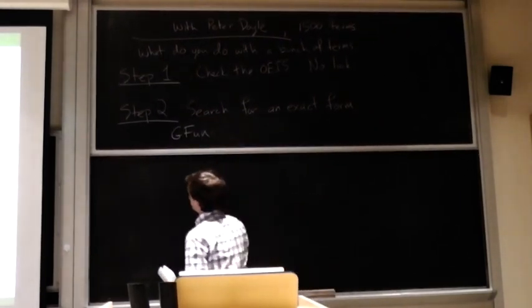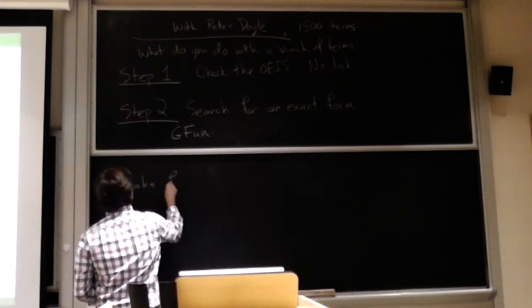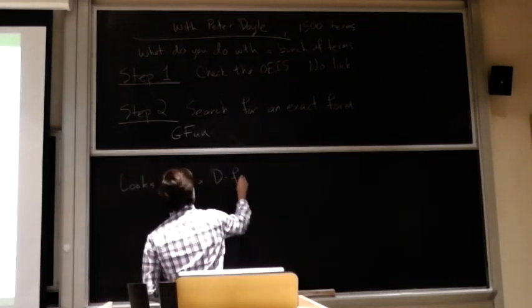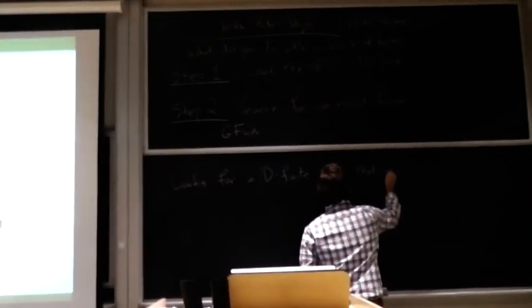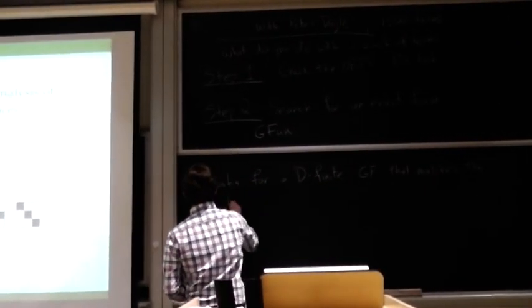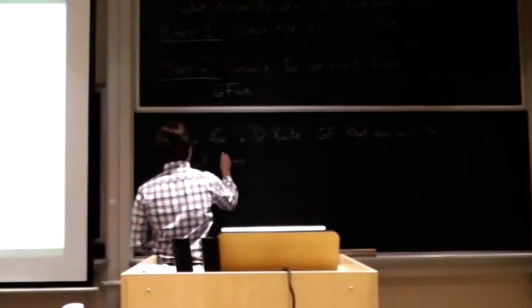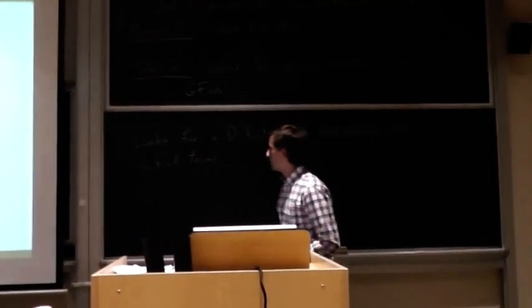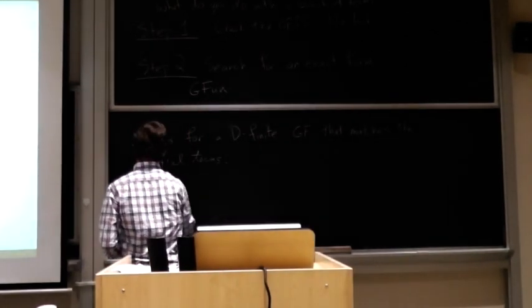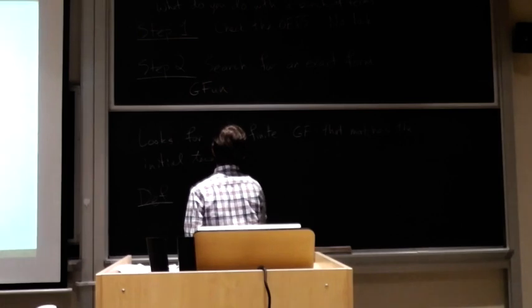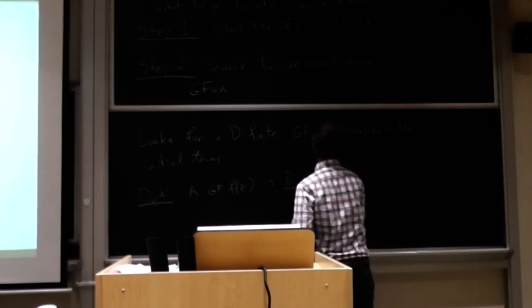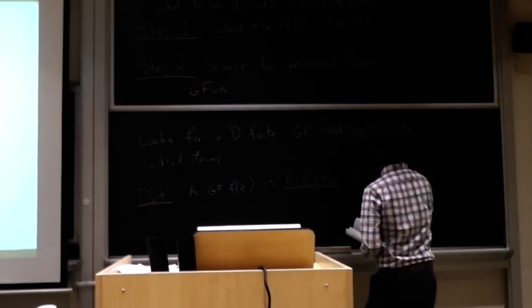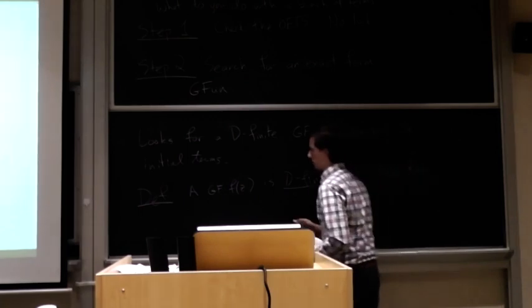What gfun does is it looks for a d-finite generating function that matches the initial terms. Okay, so let me define what I mean by d-finite. The generating function f of z is d-finite if it satisfies a non-trivial linear differential equation.